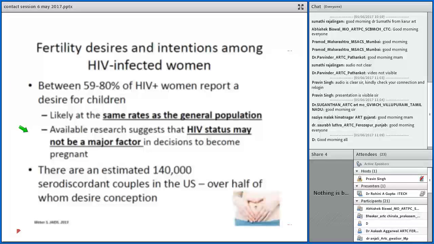There is an estimated large number of serodiscordant couples in the US, over half of whom desire conception. In these serodiscordant couples, there is a chance of giving the infection to the uninfected partner.